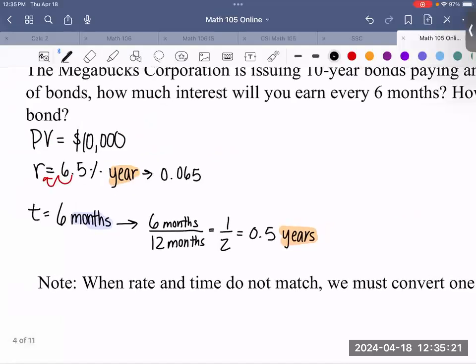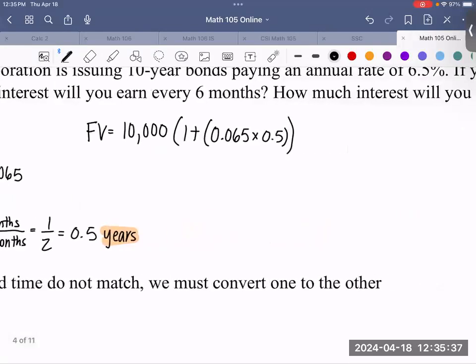So in our first problem, it says your future value is equal to $10,000 times 1 plus your 0.065 times your 0.5. Okay. And I'm going to let you guys practice punching that into the calculator without me.